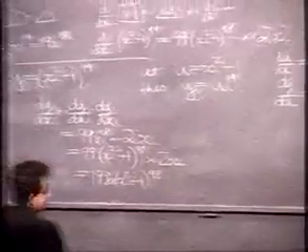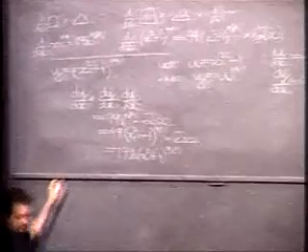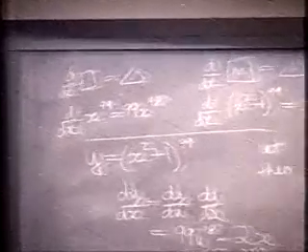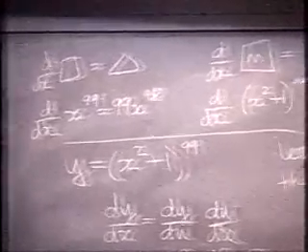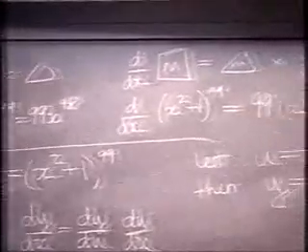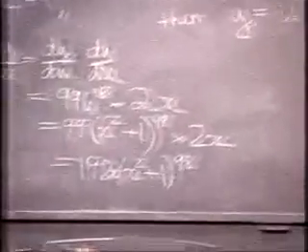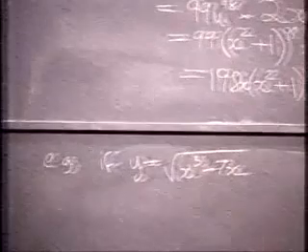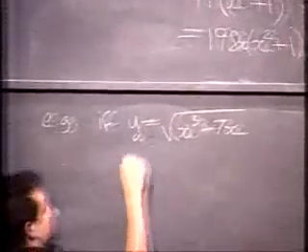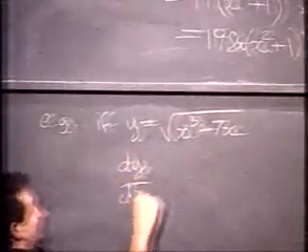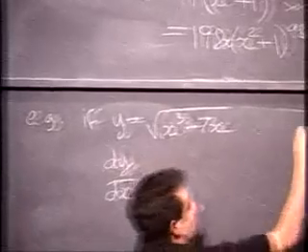All right, so that's the same problem done in a whole bunch of different ways. Now, might as well give one other example, e.g., if y is equal to square root of x cubed minus 7x, what is dy/dx? Well, I let the inside bit be u.